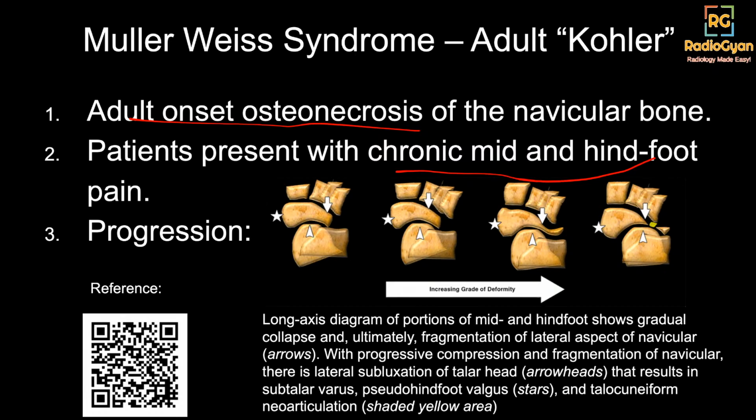So this article describes this progression of Mueller Weiss syndrome. It starts initially with just mild sclerosis and reduction, and then ultimately there is fragmentation of the lateral aspect of the navicular with progressive compression, and then in the final stage there is a pseudoarthrosis between the talus and the cuneiform, and wherever you get this pseudoarthrosis, they can cause a lot of pain.